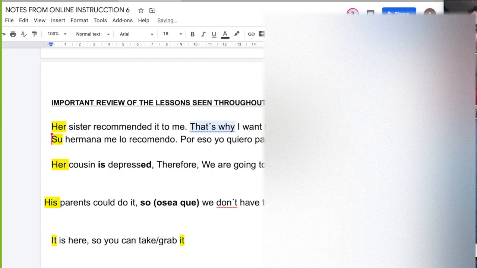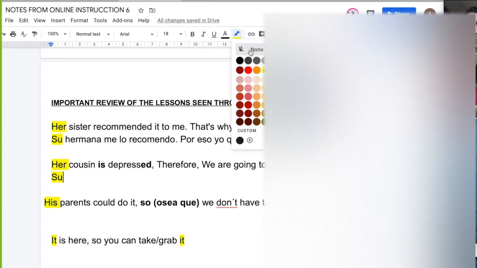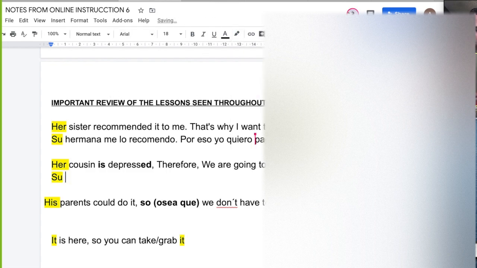Vale, could be pagarla too, but pagarle, as I told you, with people, pagarle. Por eso no quiero pagarle. Muy bien, venga, continuamos. A ver, Hannah, tú, aquí. Su prima. Vale, prima, si es chica, prima.